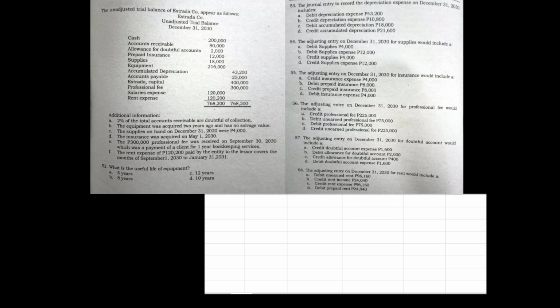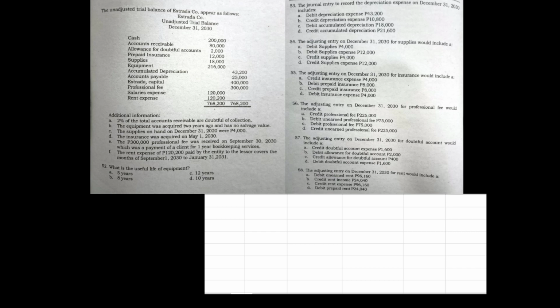The adjusting entry on December 31 for professional fee would include A. So, dito na naman tayo sa professional fee. So, tingin tayo dito sa amount ng professional fee. We have 300,000. So, since professional fee na yung nakalagay dyan, ibig sabihin, revenue method yung ginamit upon initial recording.